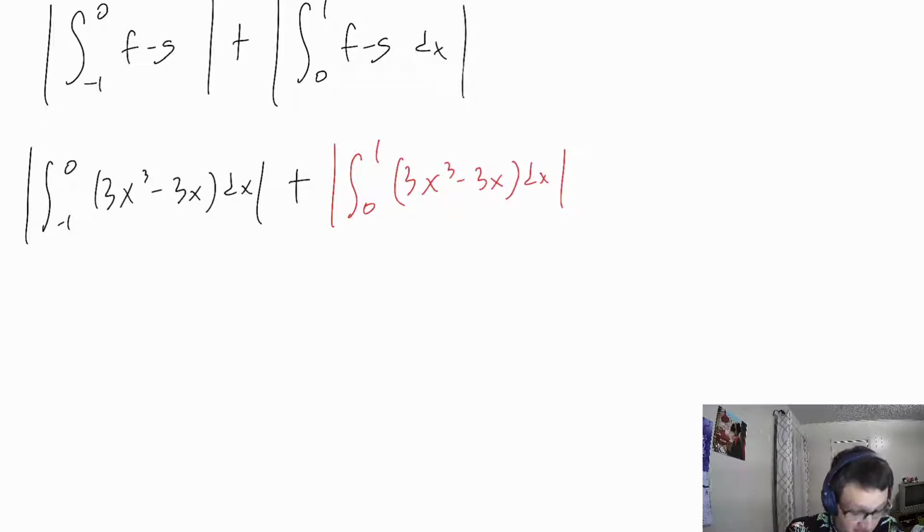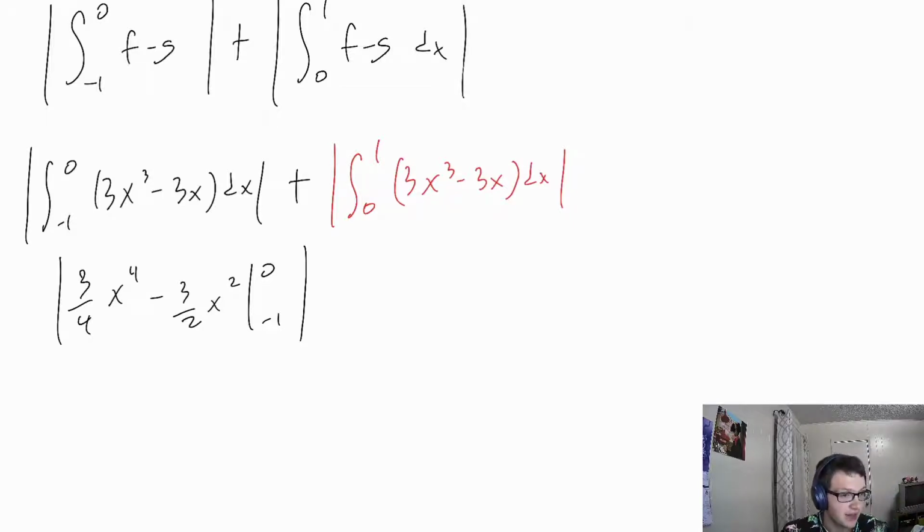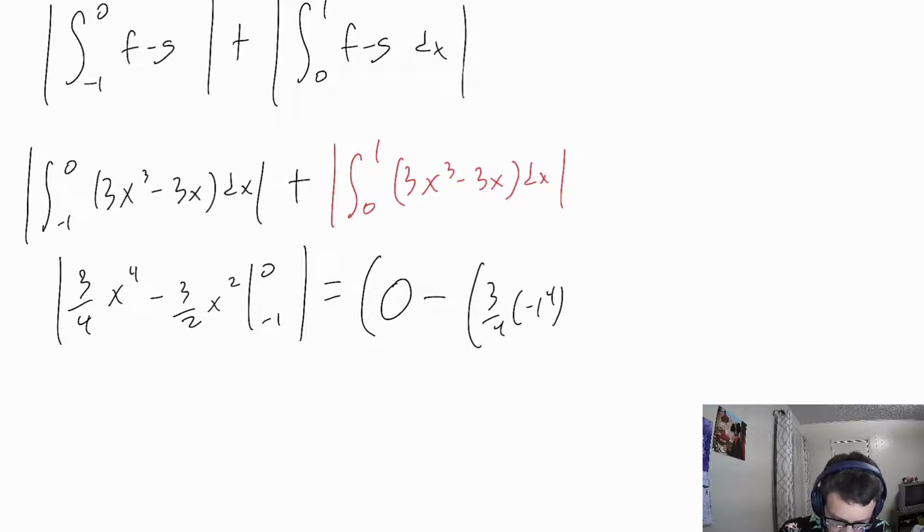Let's take an antiderivative. We're going to get 3/4 x to the 4th minus 3/2 x squared, evaluated from -1 to 0, all in an absolute value. This gives us 0. If I plug in 0 here and here, I'm going to get 0, right? So we're going to have 0 minus 3/4 times -1 to the 4th minus 3/2 times -1 squared.